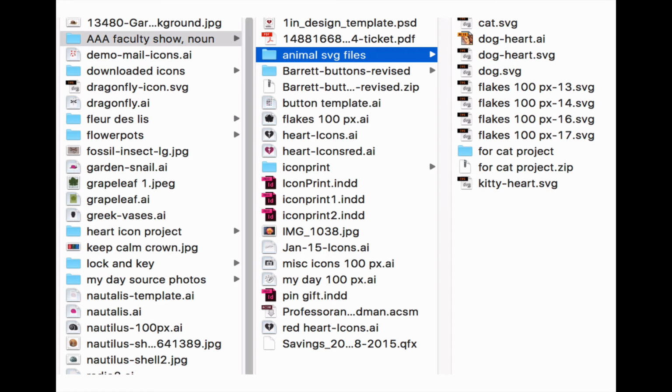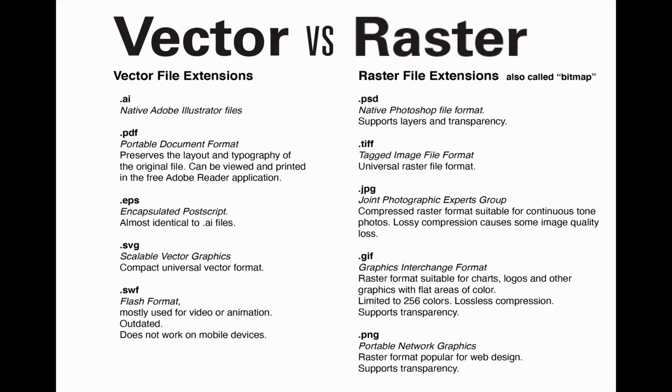The day-to-day work of a graphic artist requires us to work with a great many files of different formats, and you'll find it quite helpful to start memorizing the various file extensions and to learn what program they belong to, and whether they are raster or vector. Just a quick primer: the native Adobe Illustrator file format is .ai.